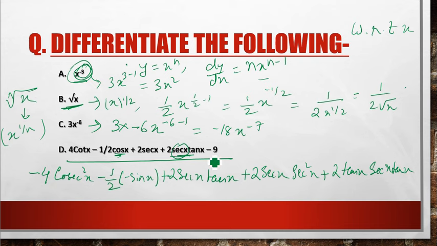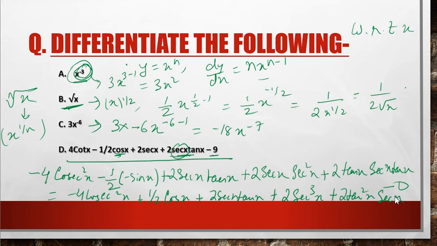Okay. And at last, minus 9 is a constant term, so it will be 0. Okay, so let's simplify. So minus 4 cosec square x plus half cos x plus 2 sec x tan x plus 2 sec cube x plus 2 tan square x sec x, and minus 0 we need not write because 0 is 0.